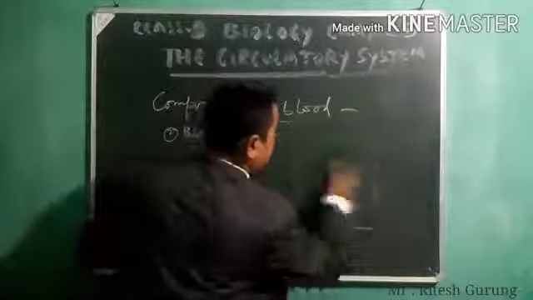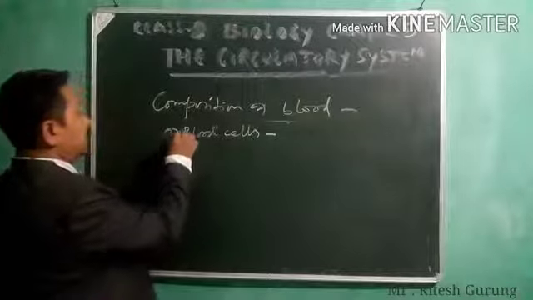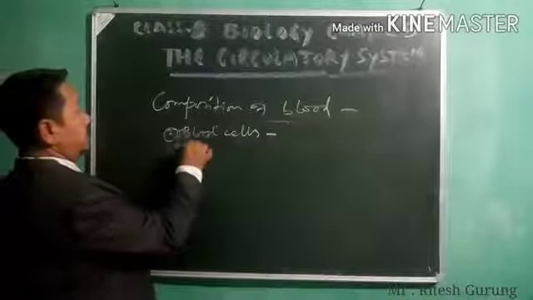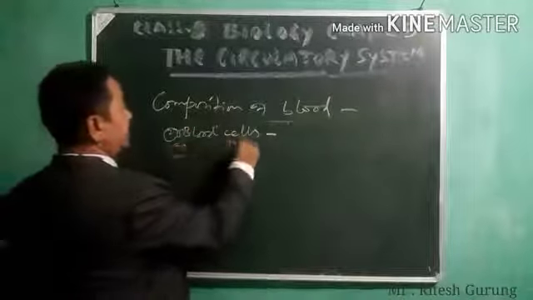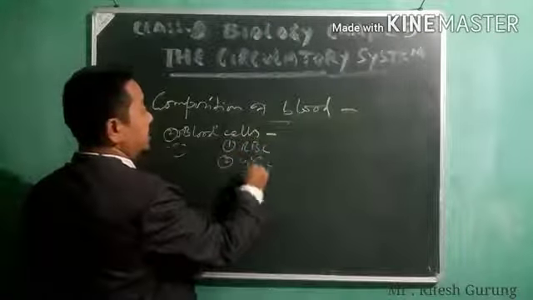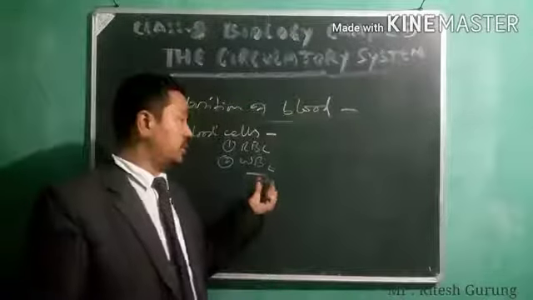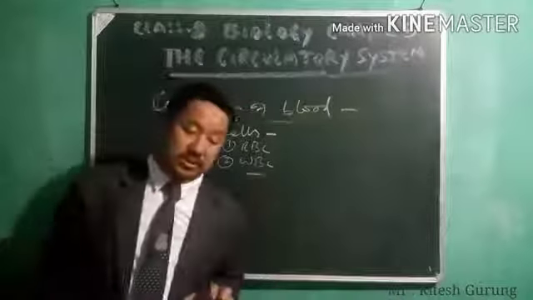Second we have WBC. This is RBC, we have finished. Then second we have WBC, white blood cells, which are also called leukocytes. I've told you already, this is also called leukocytes.